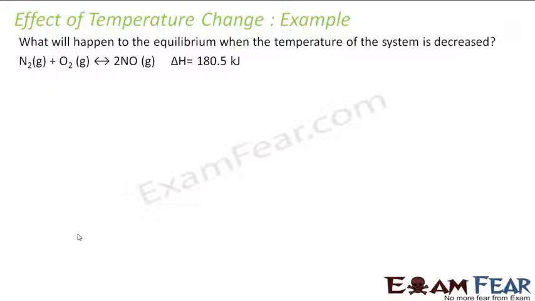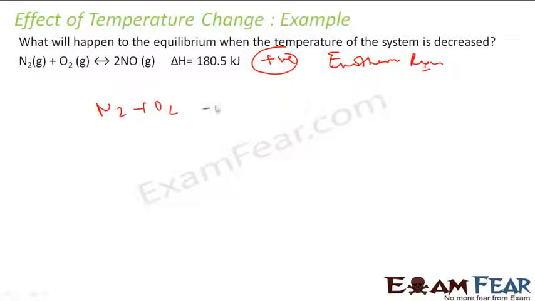What will happen to equilibrium when the temperature of the system is decreased? So if you see in this case, delta H is positive. That is, this is an endothermic reaction. Correct? So you can rewrite this equation to make my life simple: N2O4 plus heat is required to give NO2.